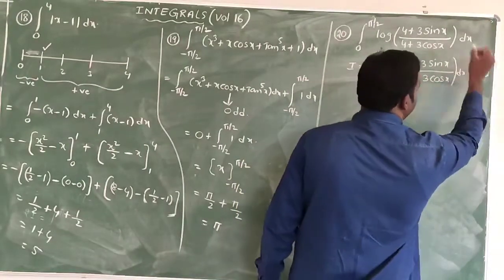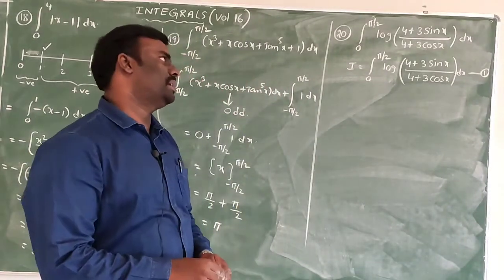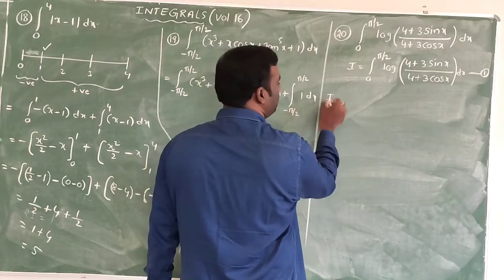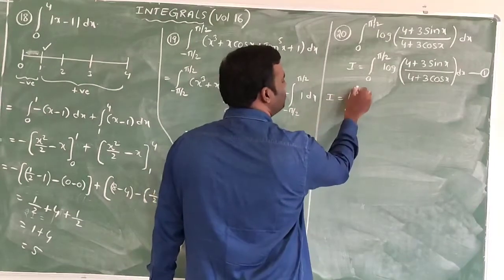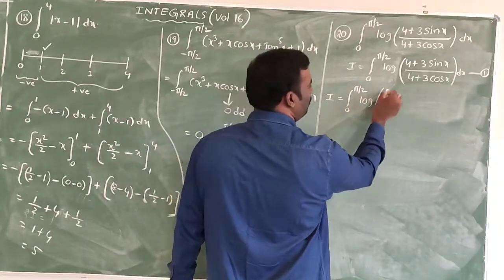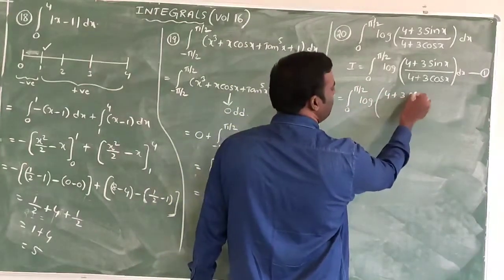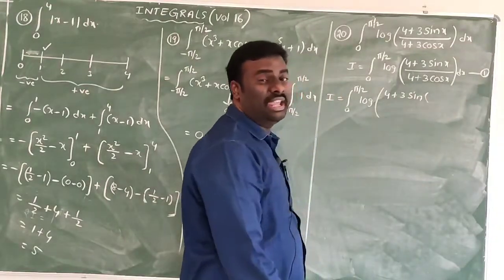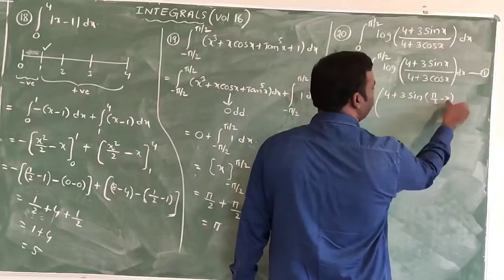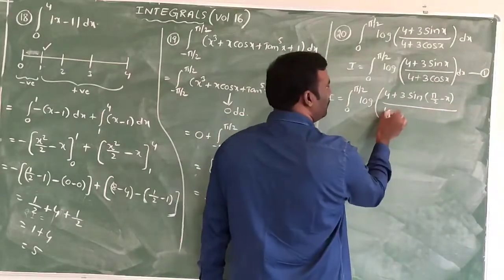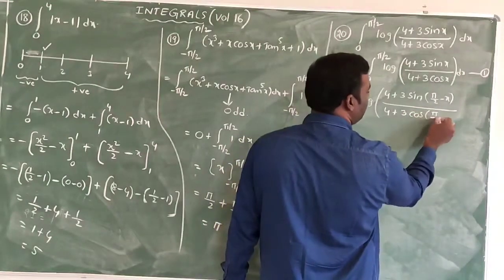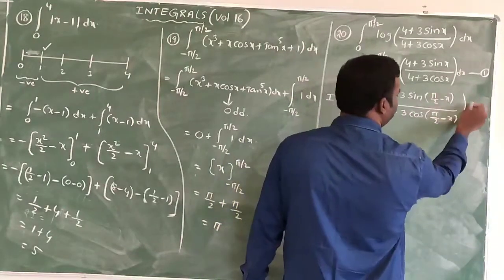It is equation 1. Now apply the property: in place of x substitute a minus x. Then I equals integral 0 to pi by 2 log of 4 plus 3 into sin of pi by 2 minus x, by 4 plus 3 into cos of pi by 2 minus x.